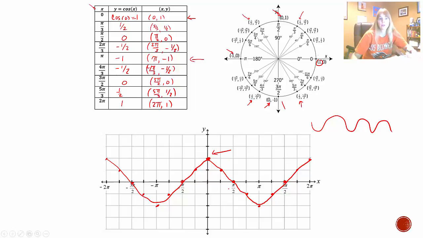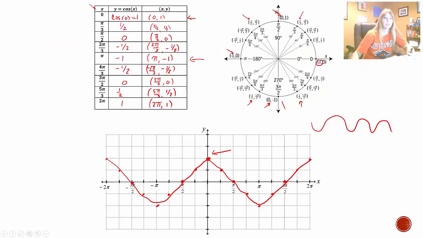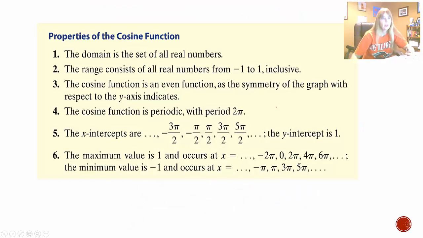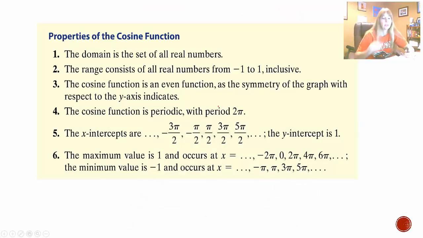This one actually starts up at the point 0, 1. And so remind myself, the domain, x values, all real numbers, the range, once again, I'm only going from 1 to negative 1. Symmetric to the y-axis since it's an even function. That's my reflection there that I did to get my other point. Also, period of 2 pi, I can find my intercepts and my max and min values.